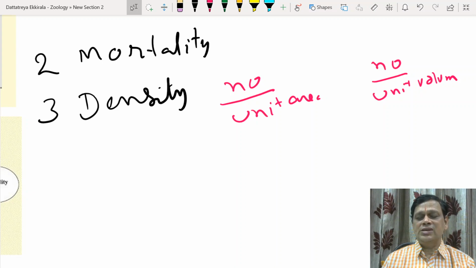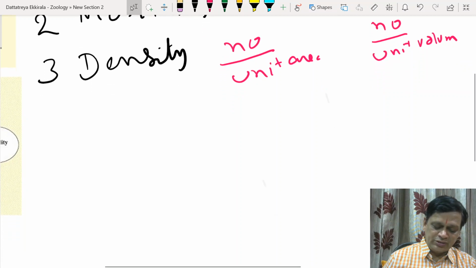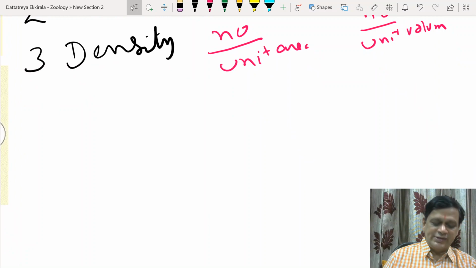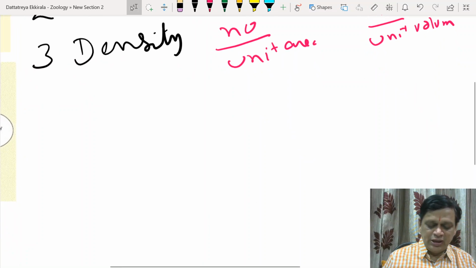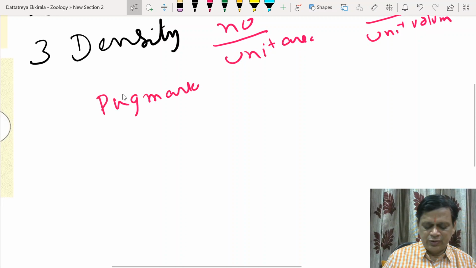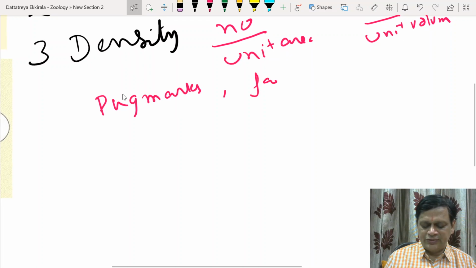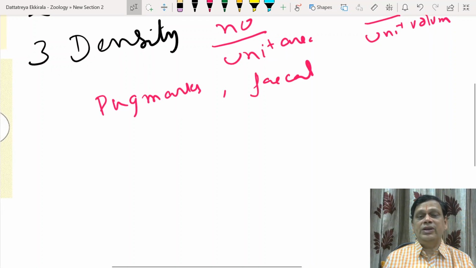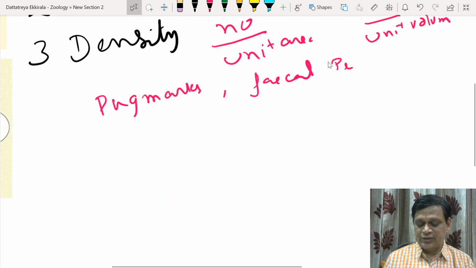In another case, what you have to do is weight per unit area. Generally, it is difficult to calculate in certain cases like tigers. Tiger population, how to calculate the density? Then they consider points like pug marks and fecal pellets.